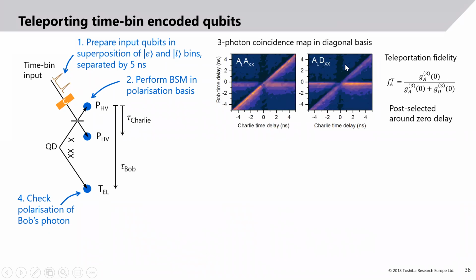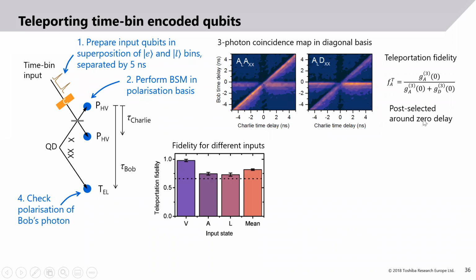So this is a 3-photon coincidence map, just showing you the coincidences we measure at the relay station in a superposition basis. And what you should pay attention to here is the 0 delay. So this is here and here, where you can see that in the expected polarization, we do see photons, and in unexpected polarization, we don't. And we can calculate the fidelity of this.